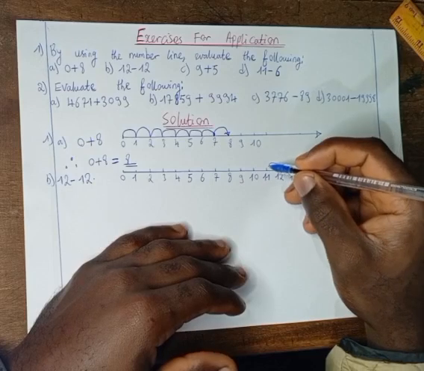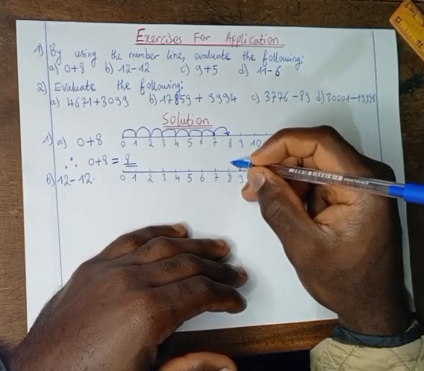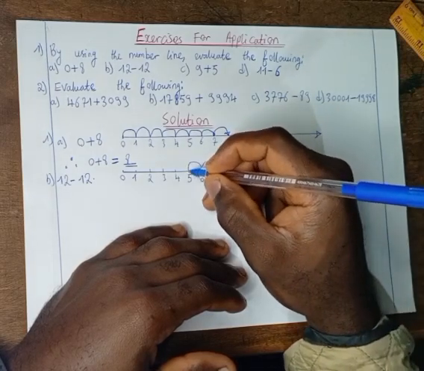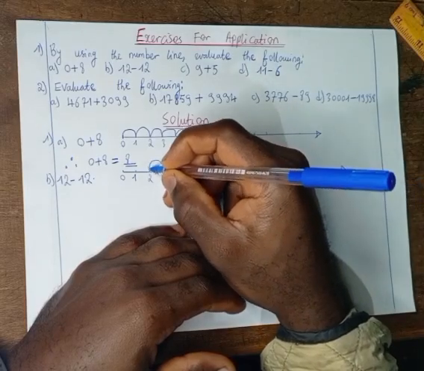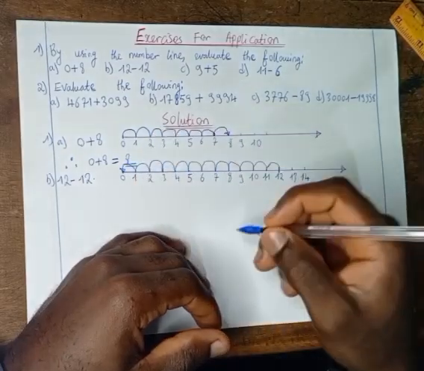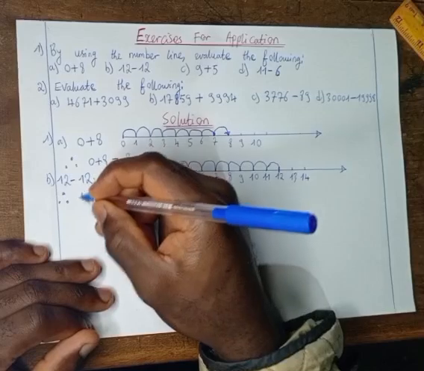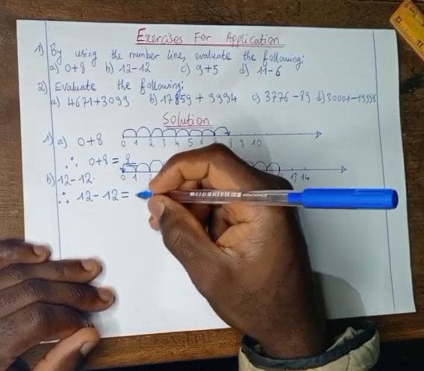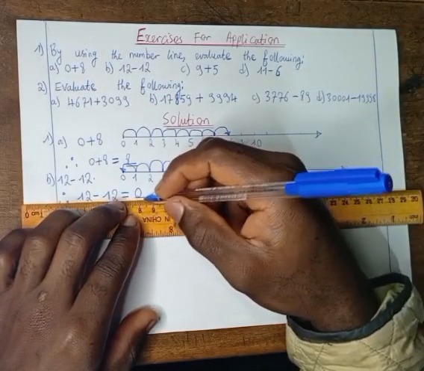So we move 1, 2, 3, 4, 5, 6, 7, 8, 9, 10, 11, 12. End here with an arrow. Therefore, 12 minus 12 is equal to, we read where we have the arrow, 0. Our answer is 0. We underline the answer.